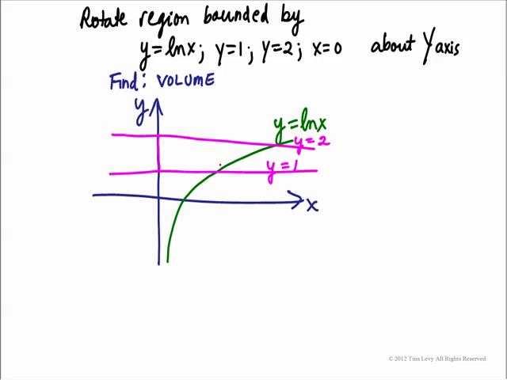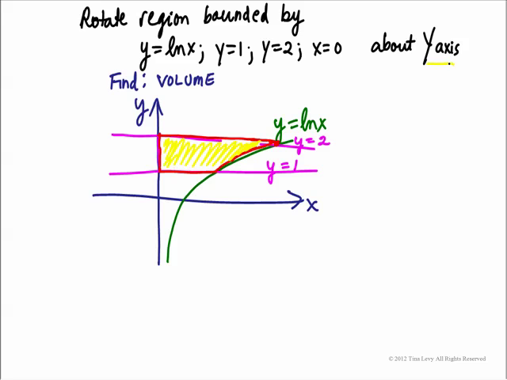So the region we're looking at is bounded by log x, y equals 1, y equals 2, and x equals 0. We're talking about this region here. This region will now be rotated about the y-axis.